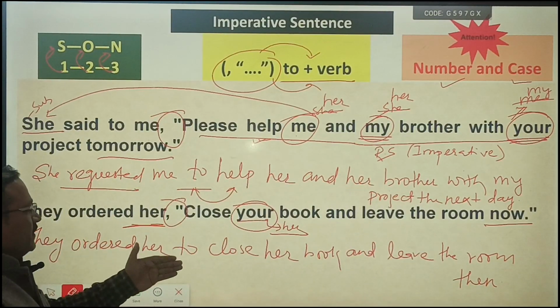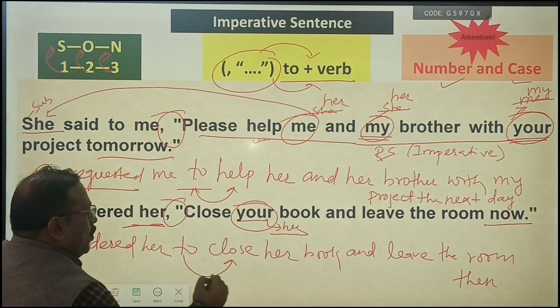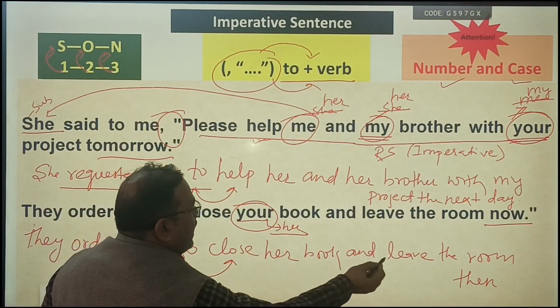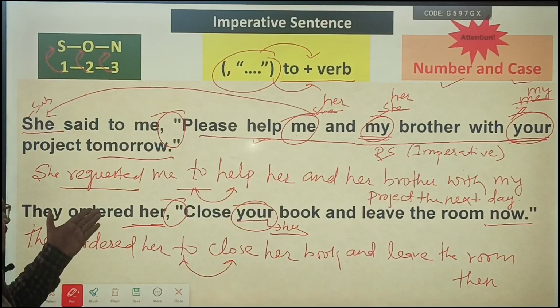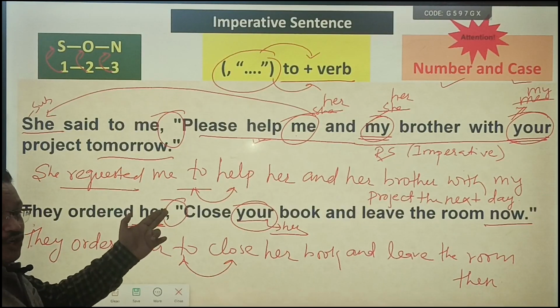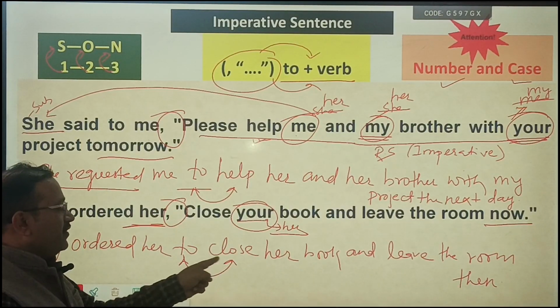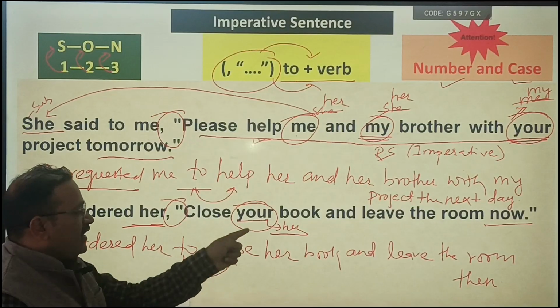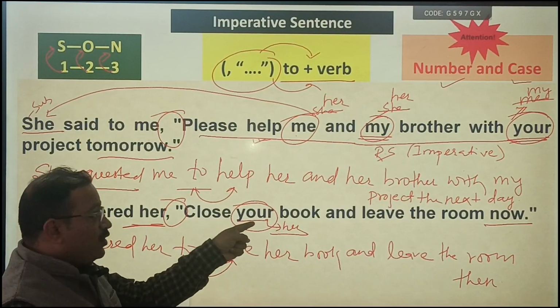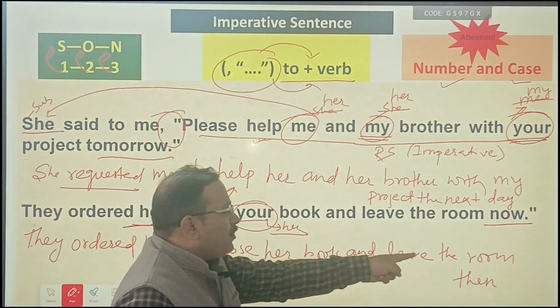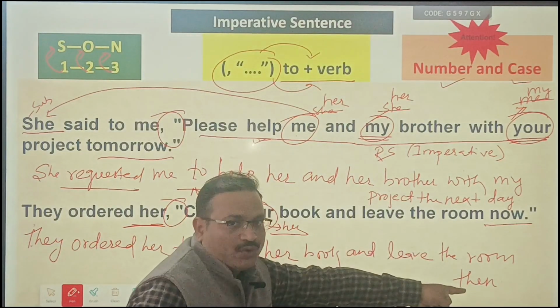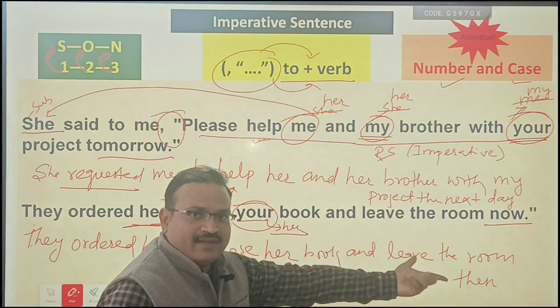So they ordered her to close her book and leave the room. Then what we read? Ordered, inverted comma change into to plus verb. You can see to close. Then your change according to SON formula, her book and leave the room. Time reference now change into then. Very simple.